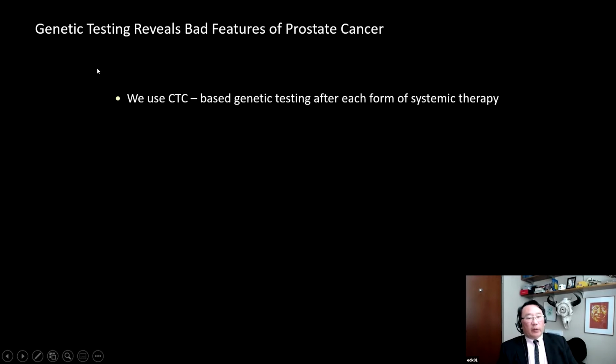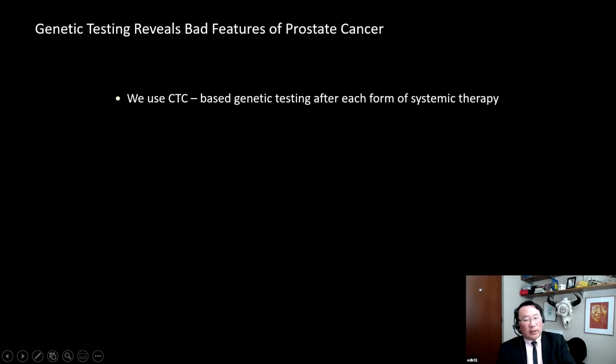Now I'm going to talk a little bit about genetic testing and how that reveals some bad features of prostate cancer. We use circulating tumor cell methods to look at genetic testing of prostate cancer. And we do this after each and every form of systemic therapy. So if you've done Taxotere recently, we check the genetics afterwards.